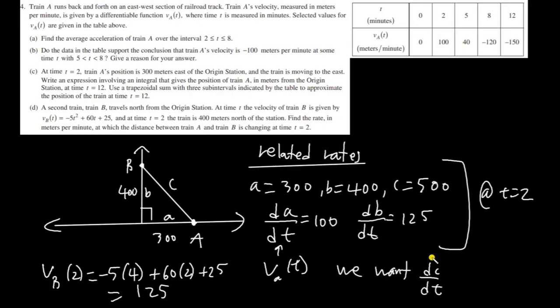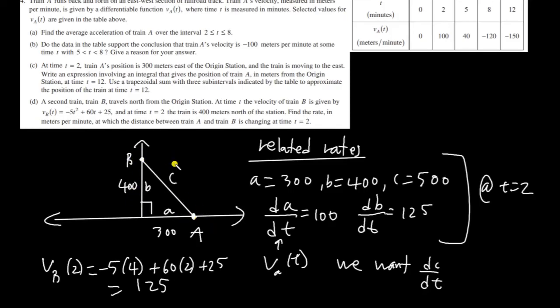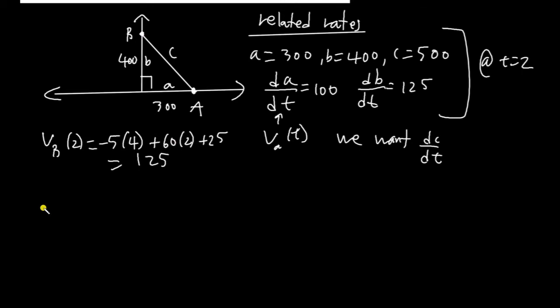Okay, so now we need to think about the equation that relates all of these variables a, b, and c. The obvious equation that's relating these three is the Pythagorean theorem. So let's write that out. a squared plus b squared equals c squared. And now, since I want to look at how quickly these things are changing with time, I'm going to take the derivative with respect to time.